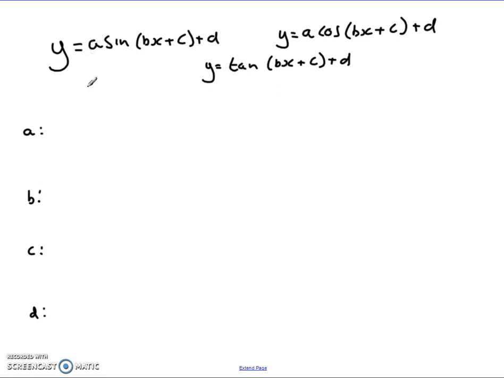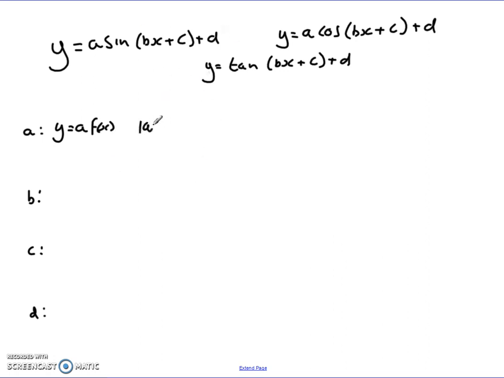Now, similarly to the graph transformations we've already done, it's the same sort of idea for each of these. So now the a is in front. Imagine the a is like the graph transformation when we covered y equals a f of x. So when it was looking like that, it changed the magnitude of the size of the function, and it has the same effect here.